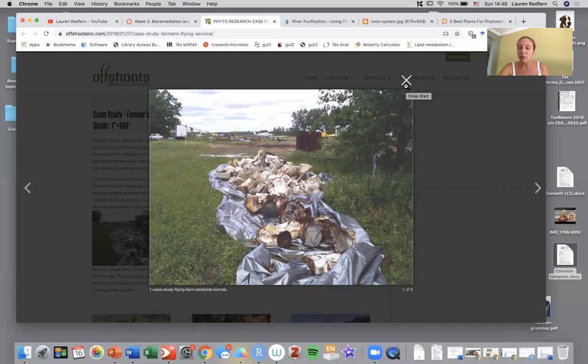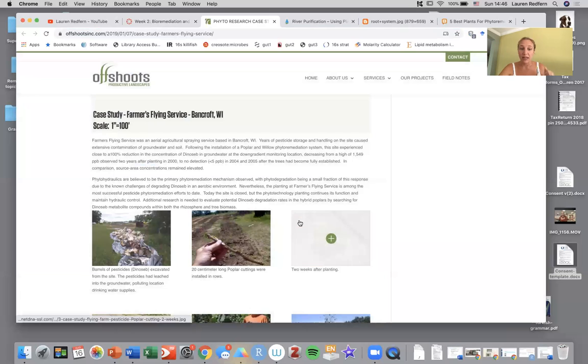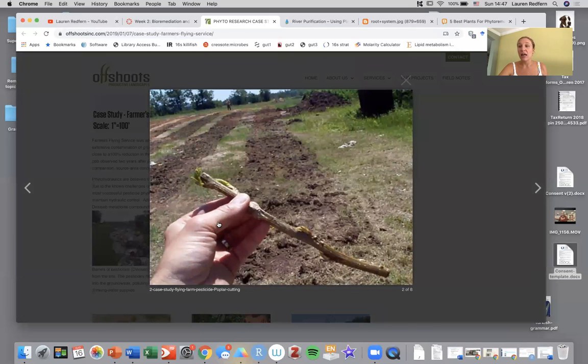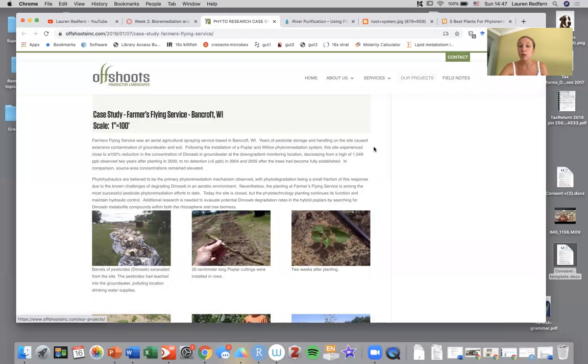So they found all these pesticides at the site, they're all on the ground, they're everywhere, and they decided to plant poplar trees at the site to try to remediate the pesticides. So they started with these little cuttings as shown in the photo here, they cut off a piece of an active poplar and they put it in the ground where the pesticides were known to be.